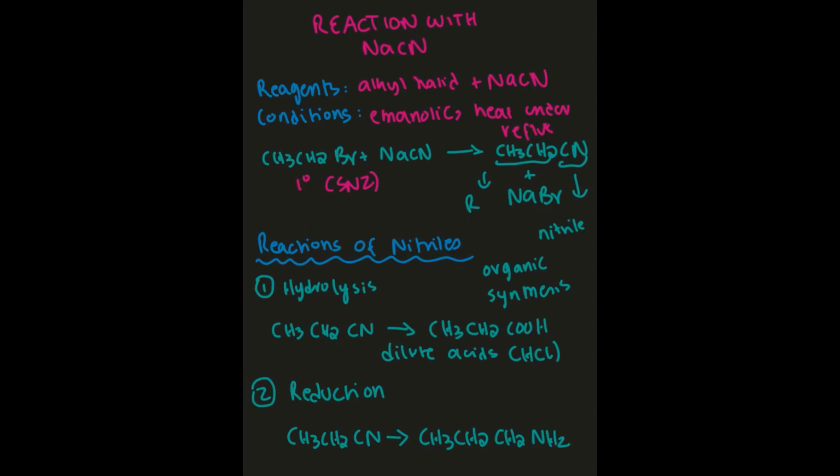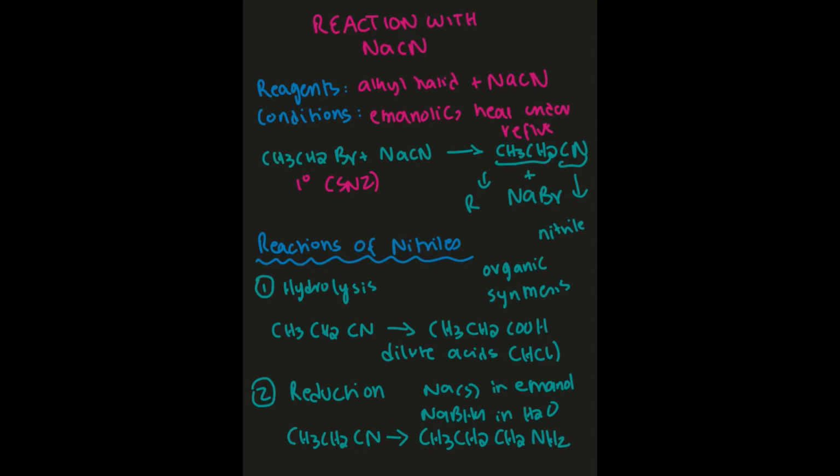The next type of reaction that takes place for nitriles is reduction. For reduction, you are going to use a reducing agent. You can use 2 different reducing agents. The first one is sodium metal in ethanol, and the second one is sodium borohydride in water. And you are going to get the corresponding amine. As you can see, this carbon and this nitrogen don't have any hydrogens attached to them.